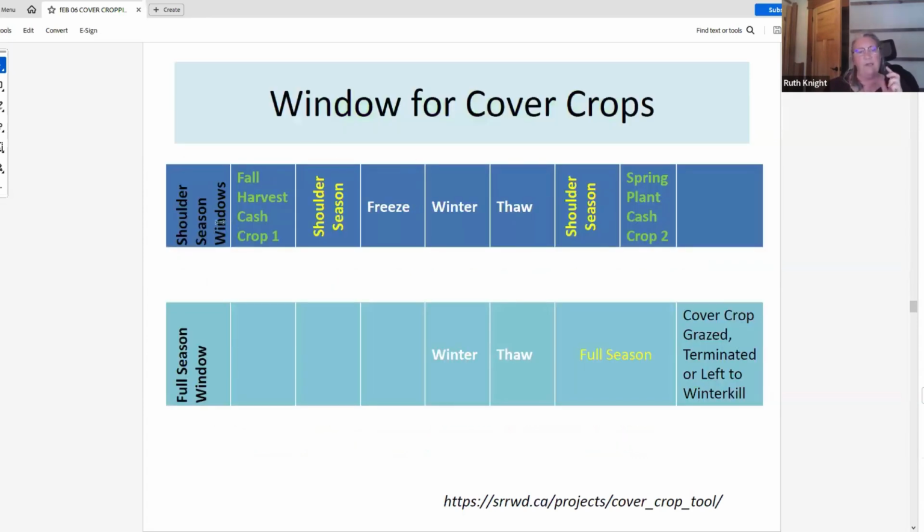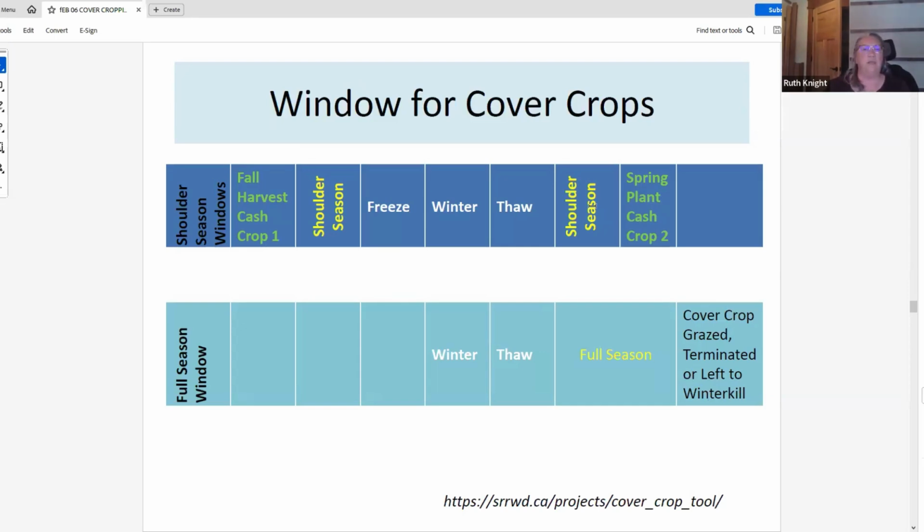So as an example, shoulder season windows: harvesting the cash crop, and then we go into the fall, the freeze, winter, and thaw period, and then sometimes a shoulder season in the spring.